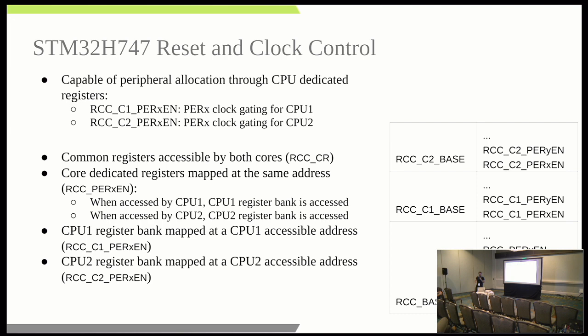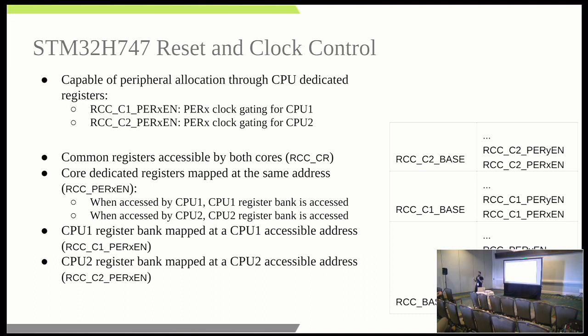Then there is a bank which is mapped at 3 different locations. A common address is used by both cores, and if this address is accessed by CPU1, only the CPU1 register bank is accessed.